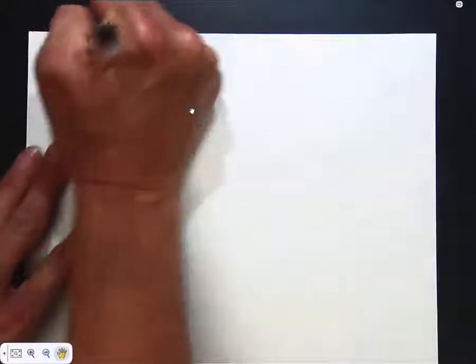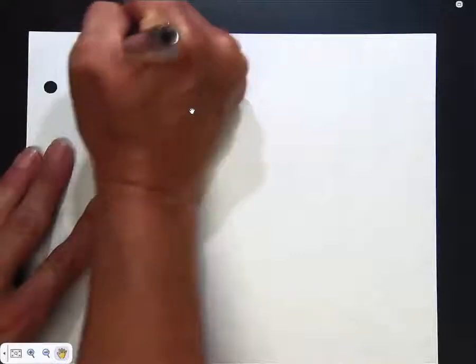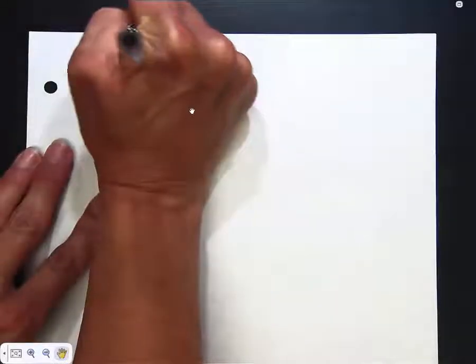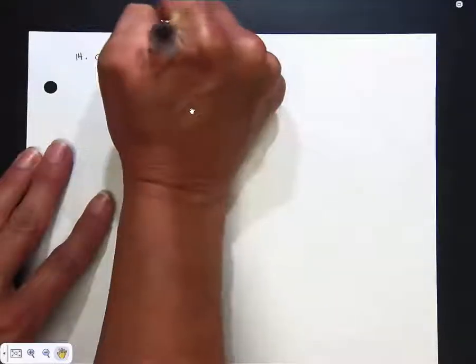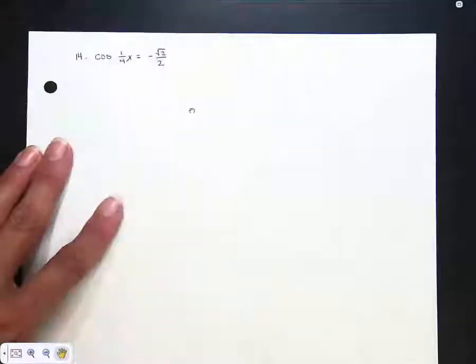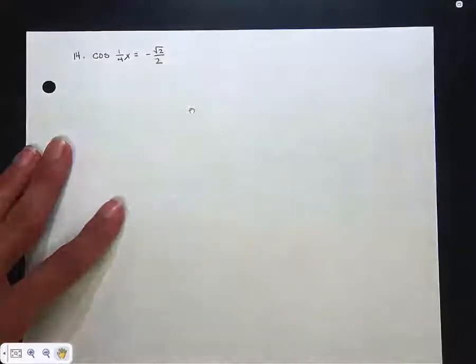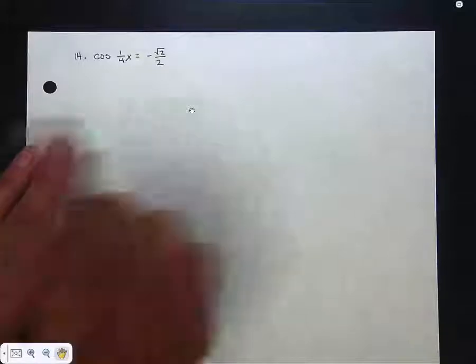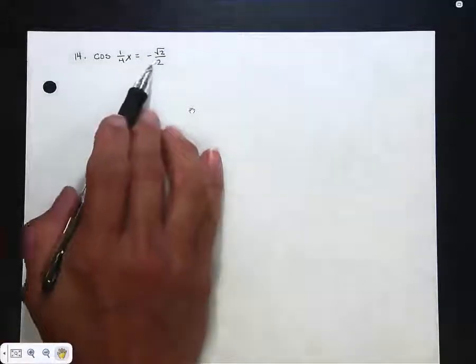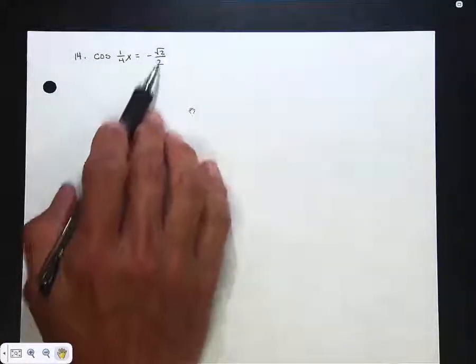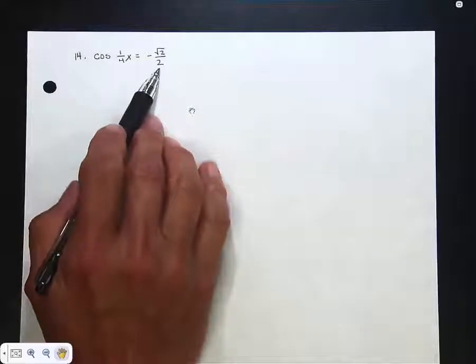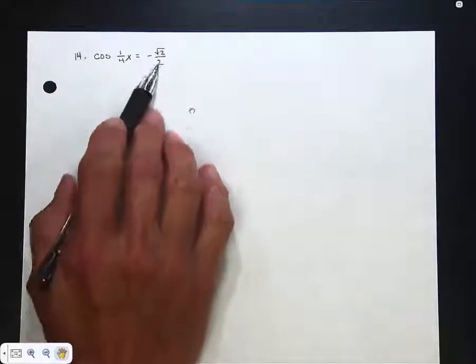Number 14 is cosine of 1/4 x is negative square root of 2 over 2. And I know that this square root of 2 over 2 occurs at multiples of pi over 4, my quarter pi's.